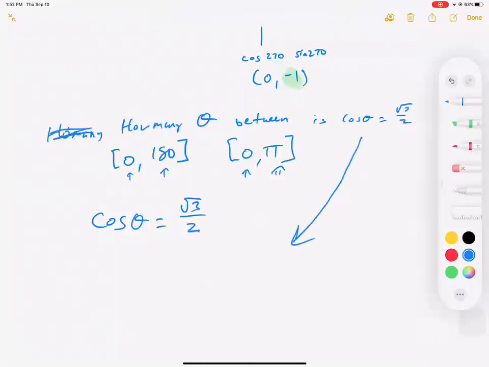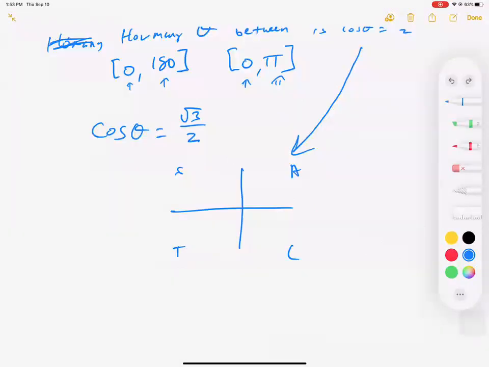This is what I would do. Just draw it. For cosine is square root of 3 over 2, let me ask you, is cosine positive or negative here? Cosine is positive. That means we're either in quadrant 1 or quadrant 4.